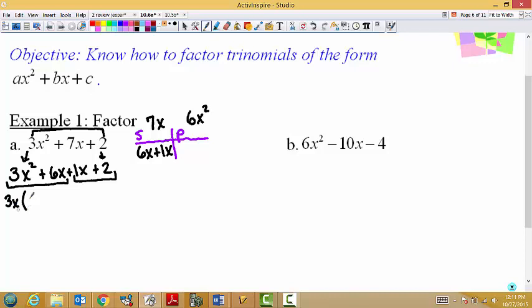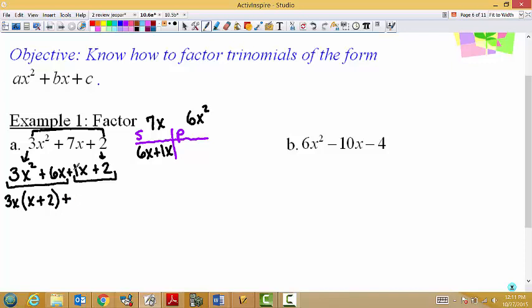And now to get what's still in there, you divide. 3 divided by 3 is 1, and you have an x, because you had 3x times x, you took the 3x, now you have an x. Plus, you divide. 6 divided by 3 is 2. Bring down the sign, plus. What can I take out of 1 and 2?